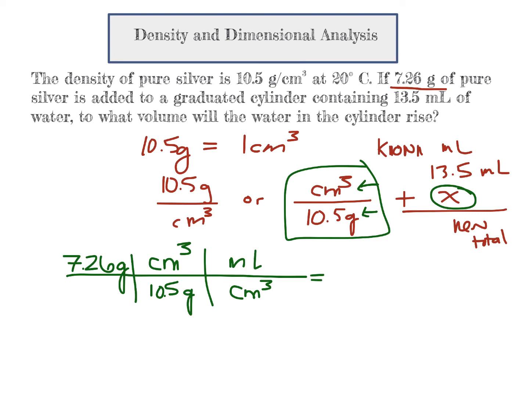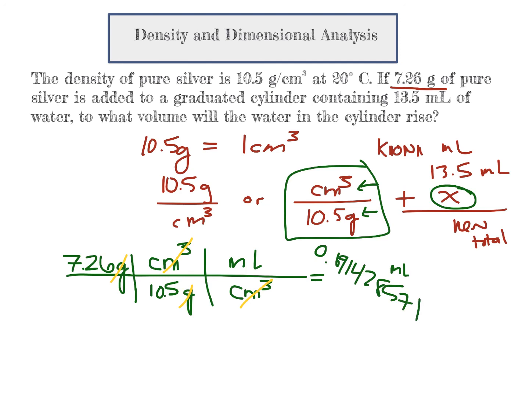Then I'll use my dimensional analysis tricks and make sure that all of the units I do not want are canceled out, ending in milliliters. And I get an answer of something, wow, this is a really fun number to write down. 0.619142857.